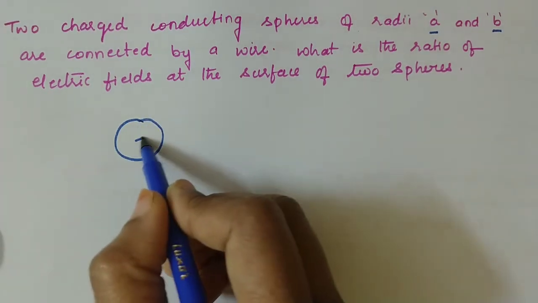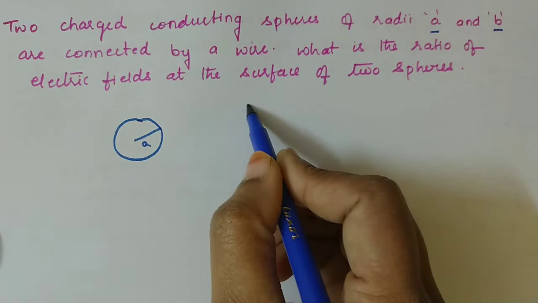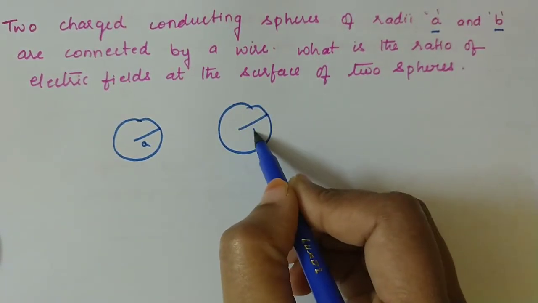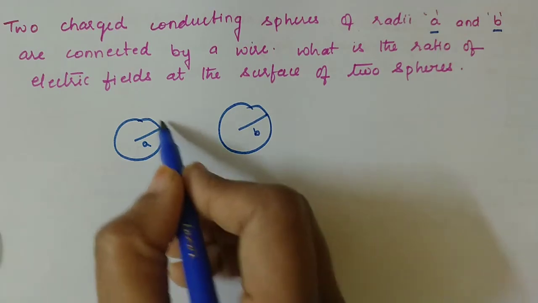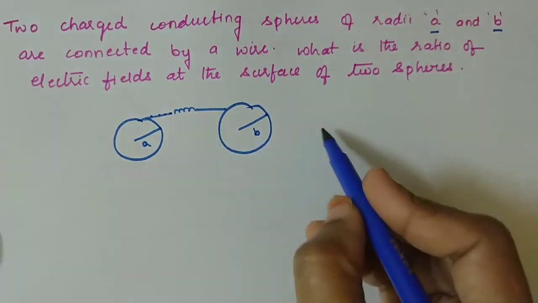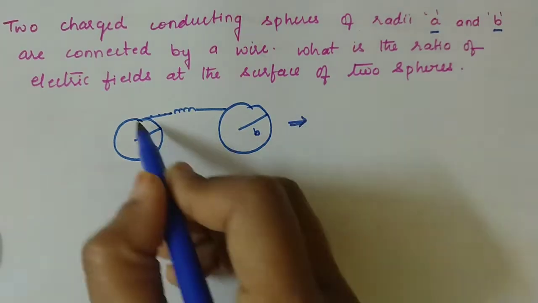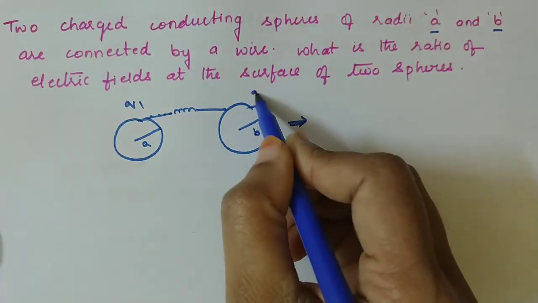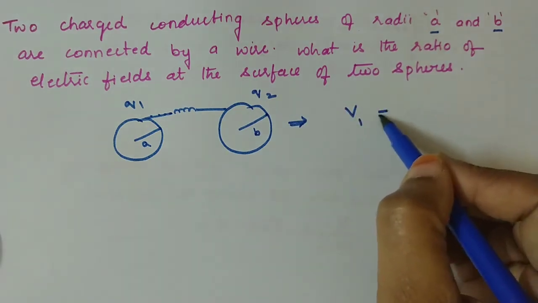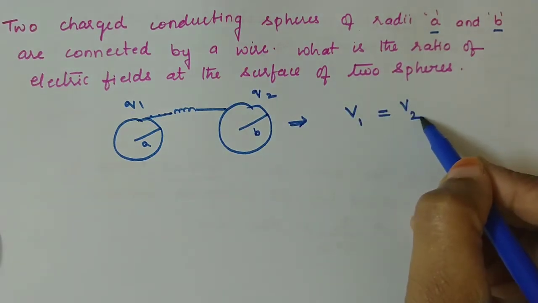Suppose this is a sphere whose radius is small a, another one I will take it as small b. So when you connect them by a conducting wire, then it results in the distribution of charge such that potential of the first sphere becomes equal to potential of second.